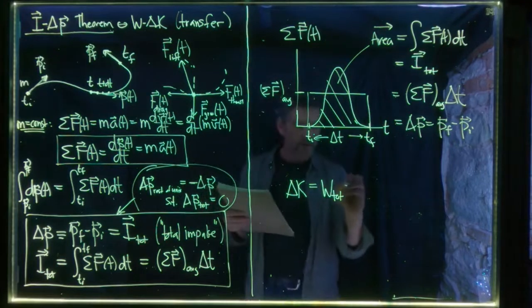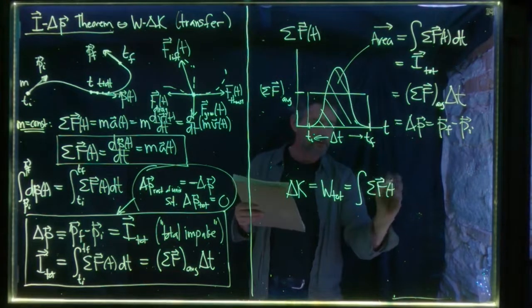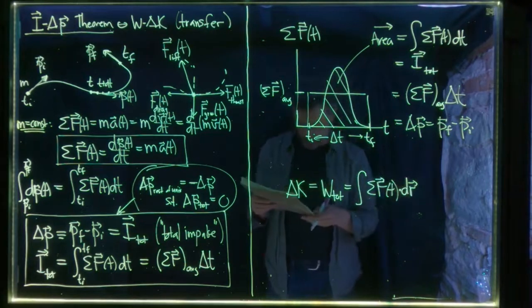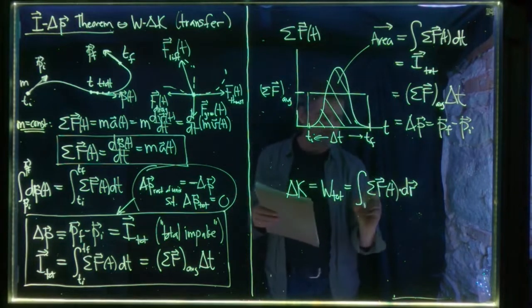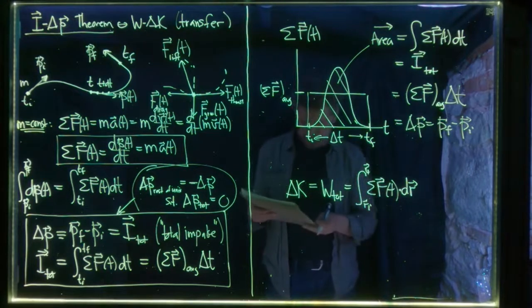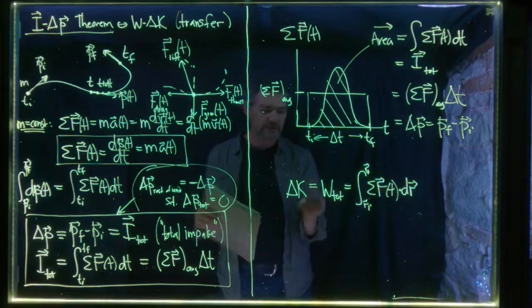We write that as an integral of the net force at any instant of time, dot product with dr, integrated from the initial position to the final position. So this is a force acting over a displacement, which changes the energy.